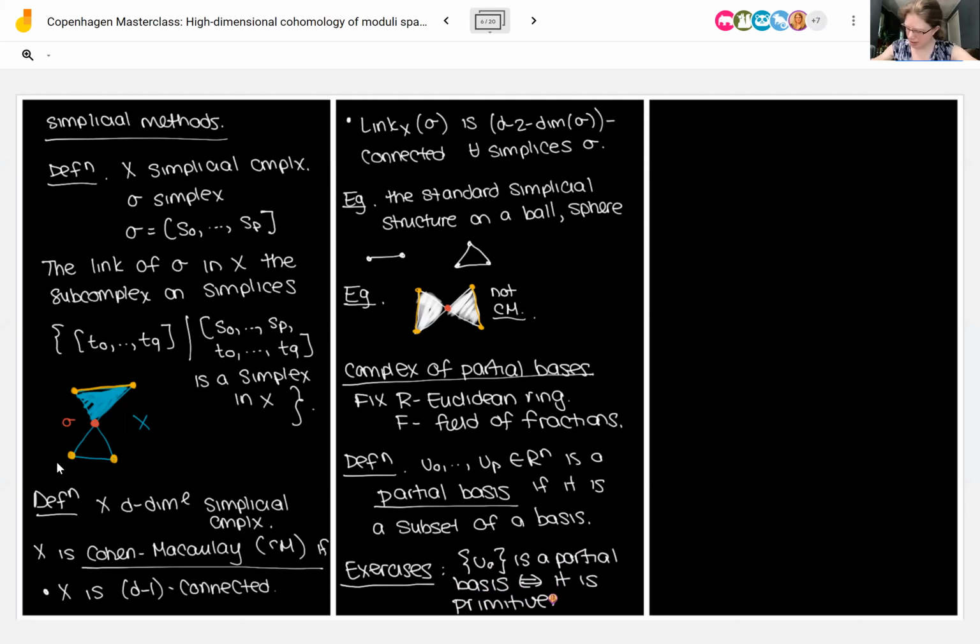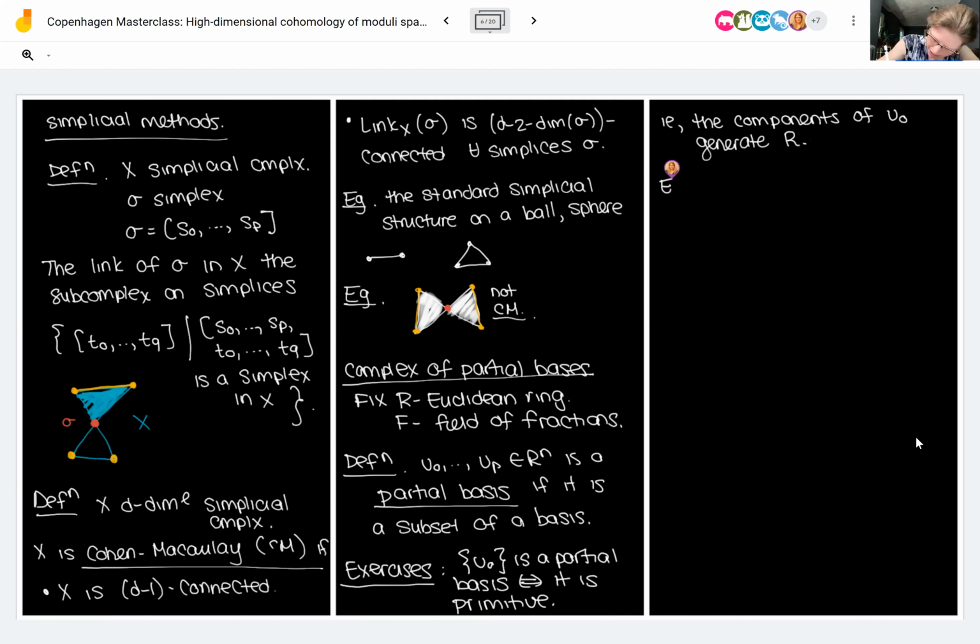What that means, by definition, is that the ideal generated by the components of the vector V0 generates R. So I claim that V0 can be extended to a basis if and only if this condition holds.